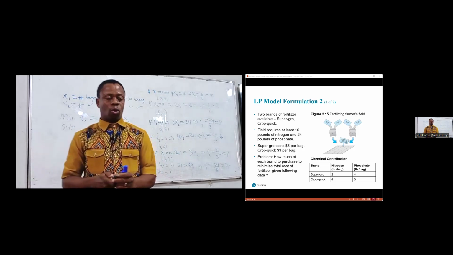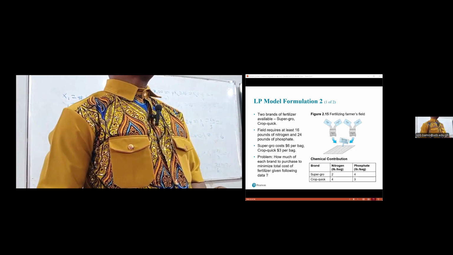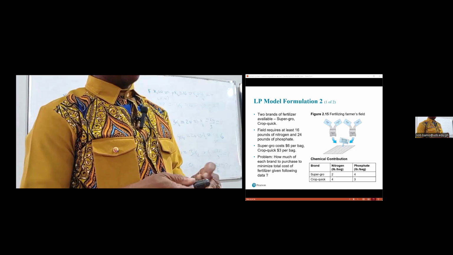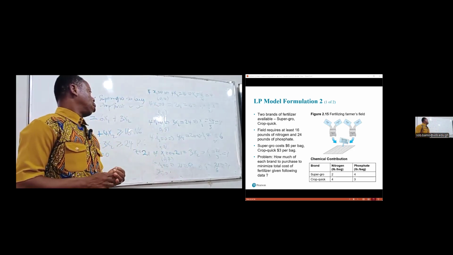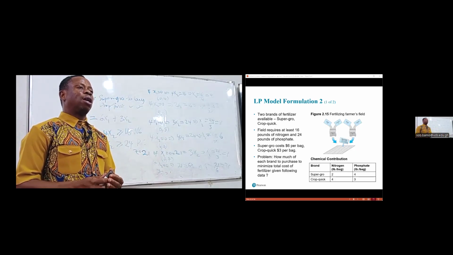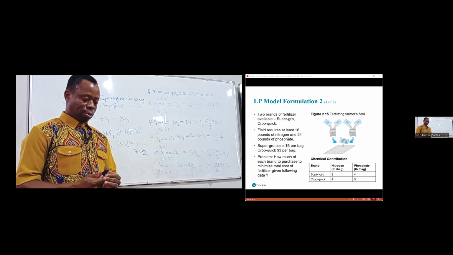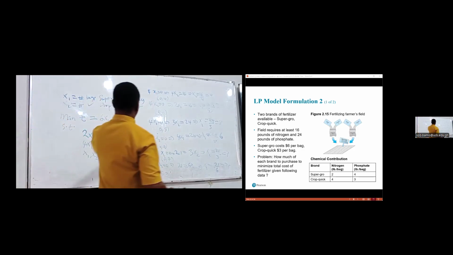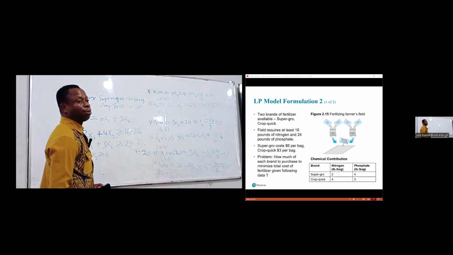And now plot these points to get the corners. And once again, with linear programming, the optimal solution is always a corner solution. So we will get 3 corners from what we have done.